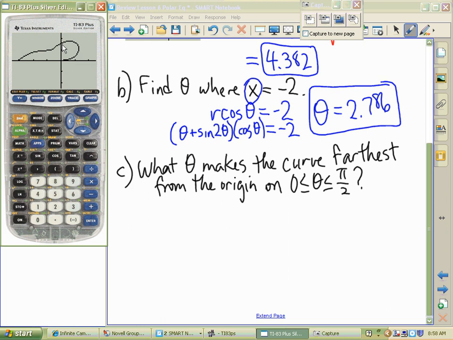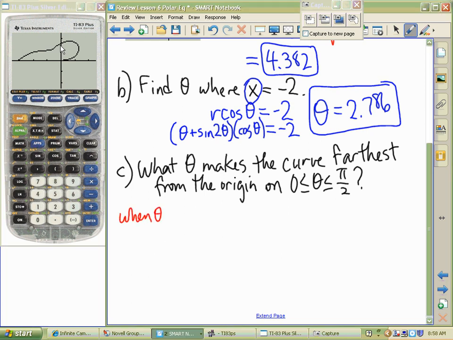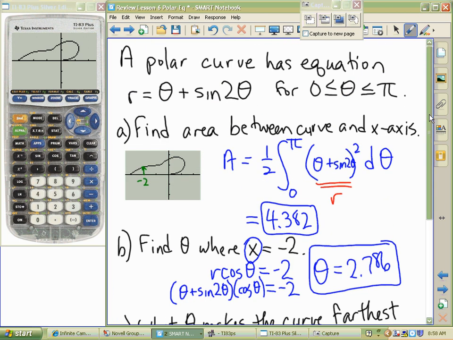When theta is pi over 2, where is that point? When theta is 0, r is 0. When theta is pi over 2, what's r? Pi over 2 plus the sine of 2 pi, that's pi over 2.